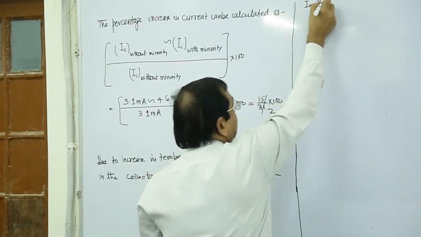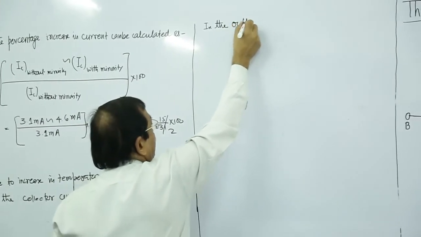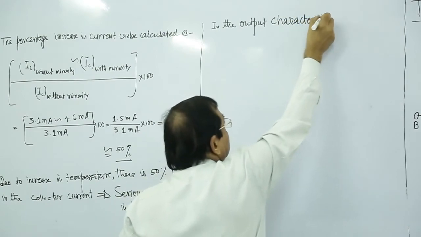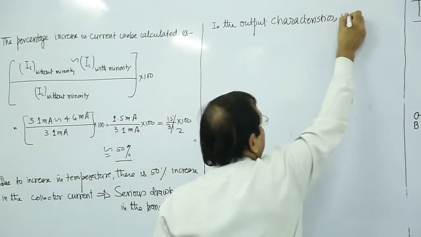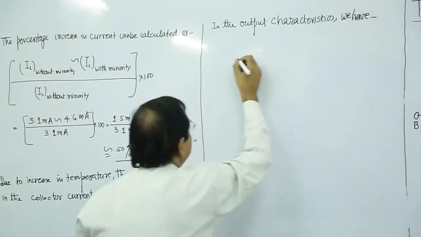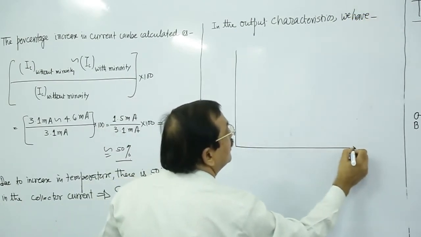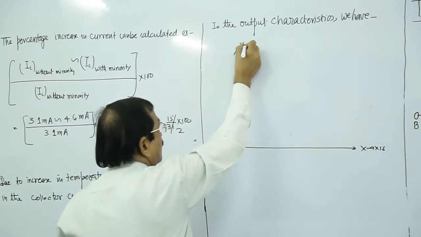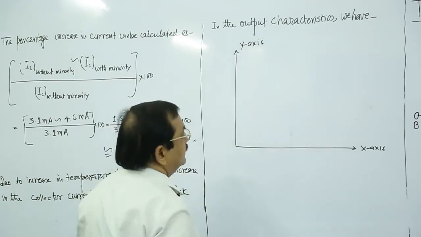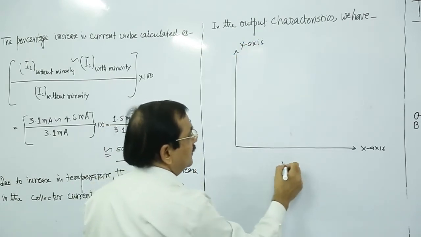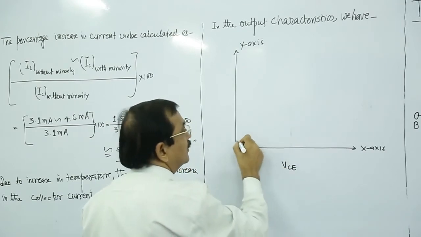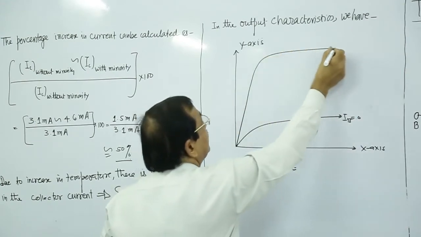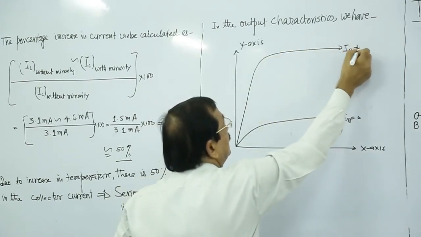In the output characteristic, this one is the x-axis, here it is the y-axis, and this is VCE. This is IB is equal to 0, and here it is IB is not equal to 0.